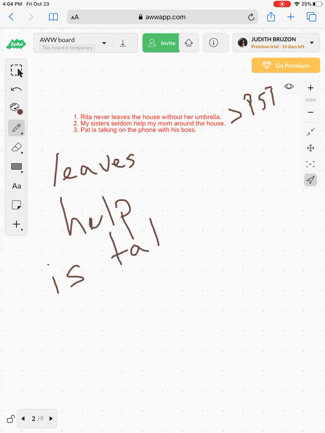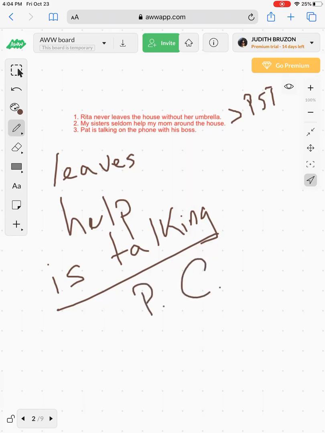Well, some of you are telling me is, and others are telling me talking, which is an action, and I'm going to say that it is both. Okay, it is a verb phrase, and yes, this is not in the present simple tense. This is actually a present continuous. Okay, and we're not going to talk about that today.